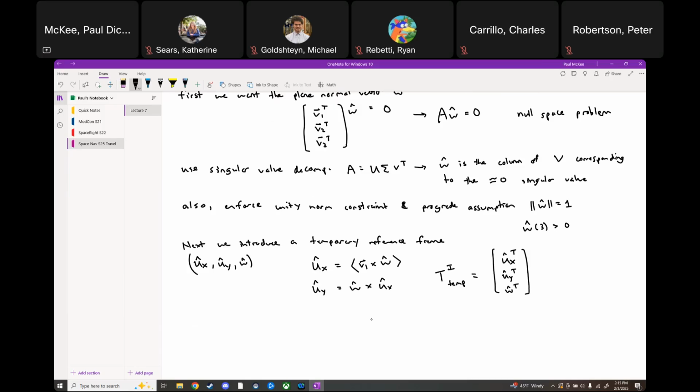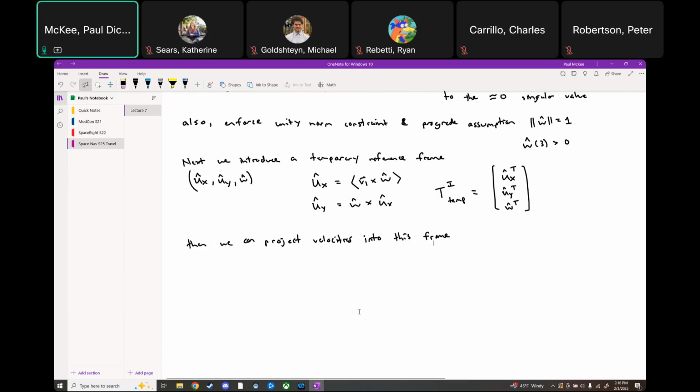All right. Then we can project the inertial velocities into this frame. And because we're dropping the third axis, this becomes a 2D problem. So we can say for the velocity i, maybe I'll even write it this way.